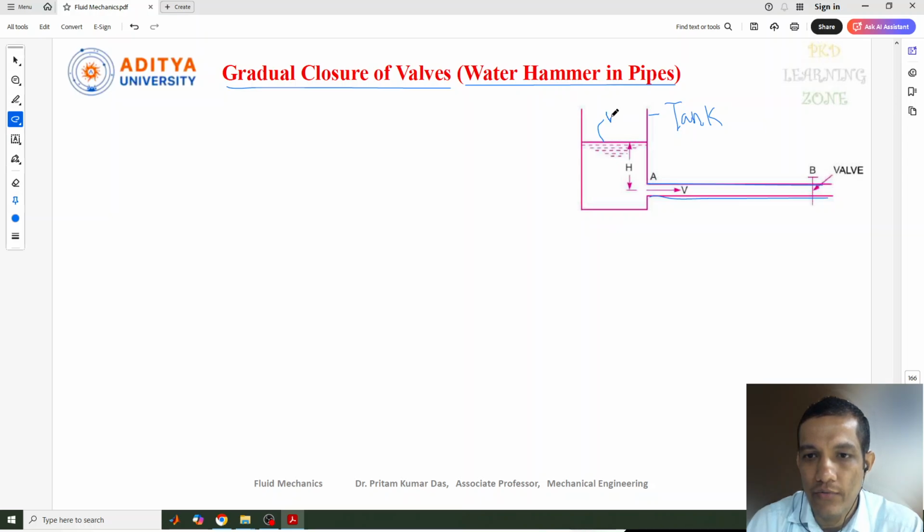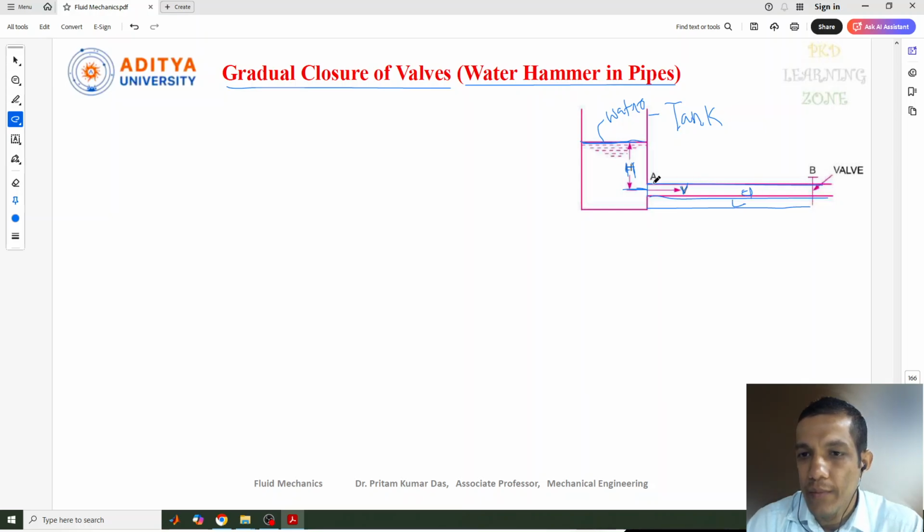This is the surface level of the water, which is at a head of H from the inlet of the pipe, or you can say the center line of the pipe. The pipe AB has a length of L, and the velocity of fluid flowing through AB is V, and there is also the diameter.